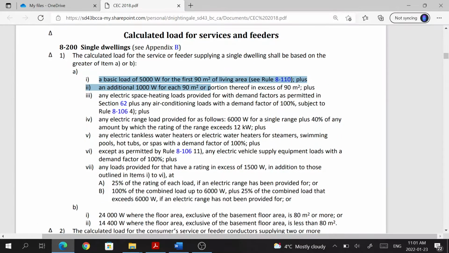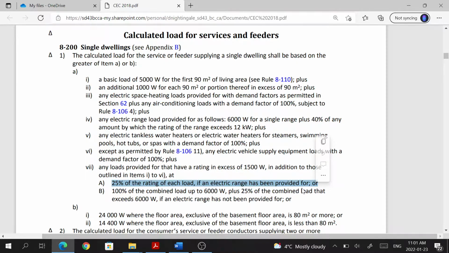If we go to item 7, any loads provided for that have a rating in excess of 1,500 watts, so this dryer would be included, in addition to those outlined in items 1 to 6, at 25% of the rating of each load if an electric range has been provided for it. So in our case, an electric range, rather than a gas range, has been provided for.